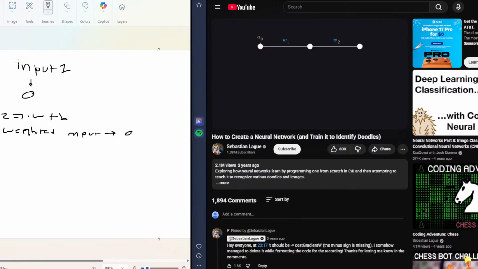for the next node, which then has its own true activation function, right? Which ingests the input of z, right?